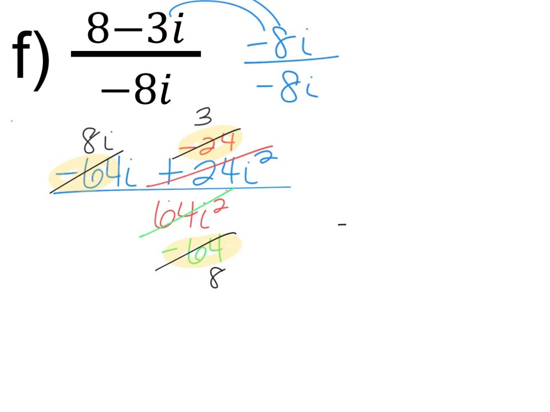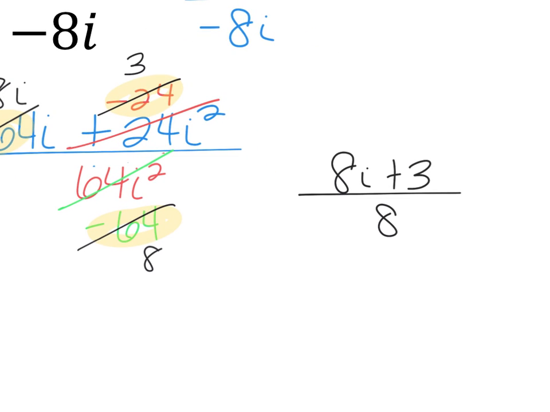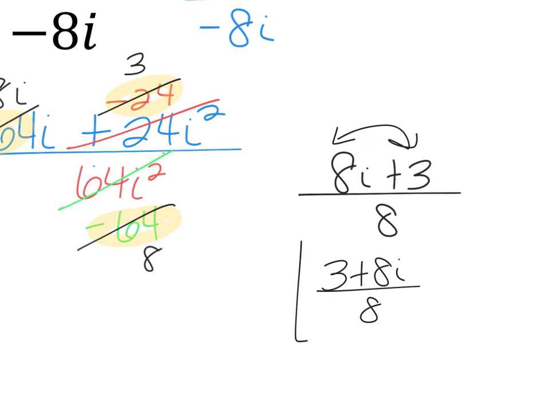So whenever you put it all together, it would be 8i plus 3 over 8. And then I kind of broke my rule. We need to flip-flop these around for the math etiquette, and it would be 3 plus 8i over 8. Okay? So that's how you do that problem. You can't simplify it any further, and there's no i's in the denominator.